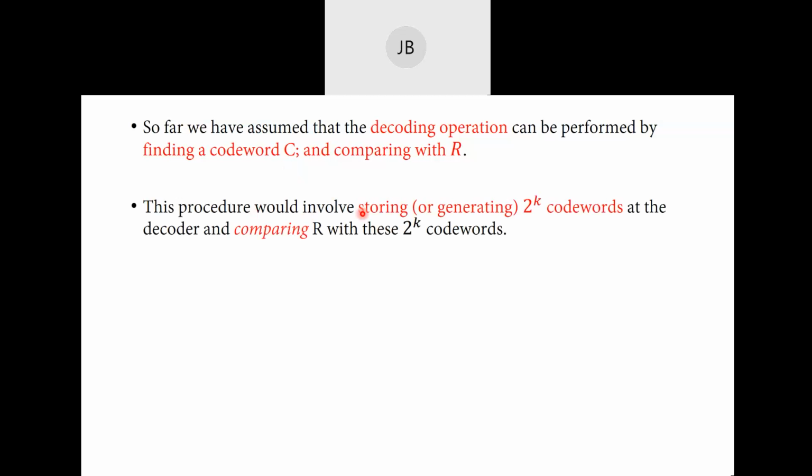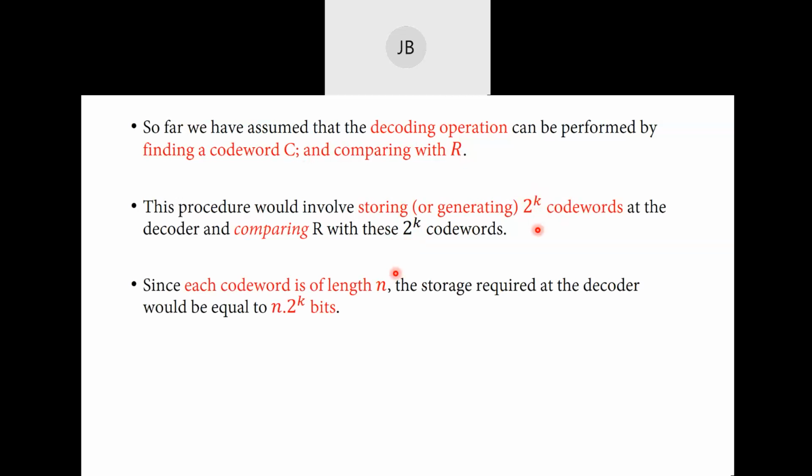The procedure would involve storing or generating 2 power k code words and comparing these 2 power k code words with R. So we need to compare the code words with the received vector R. There are 2 power k code words possible since we have k number of data bits. So this is basically a lengthy operation. We need to store the data and we need to compare so many times.